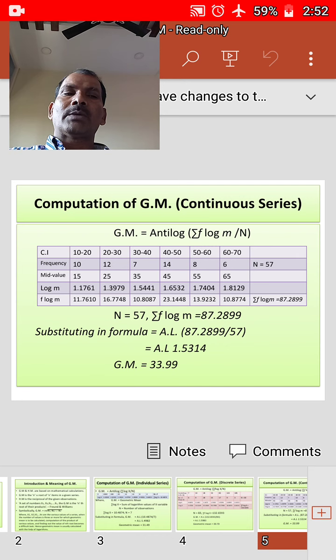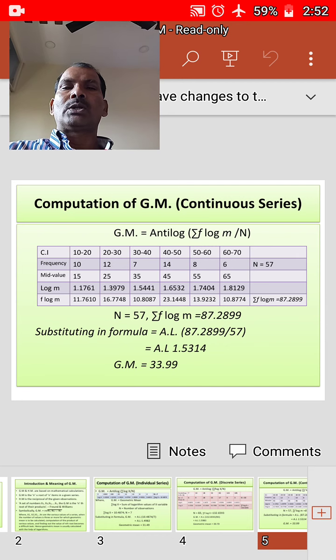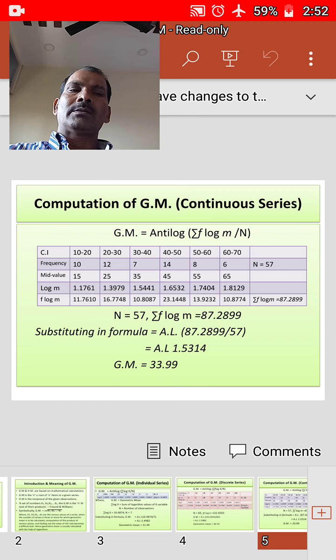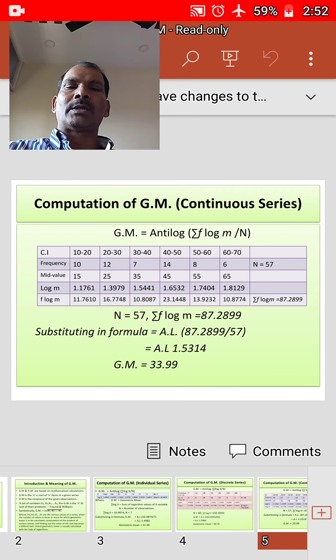Multiply the logarithms of mid values with their respective frequencies and obtain the total, that is sigma f into log m. Obtain the total of frequencies, that is sigma f, equal to n. And the last step is to apply the formula of the geometric mean.